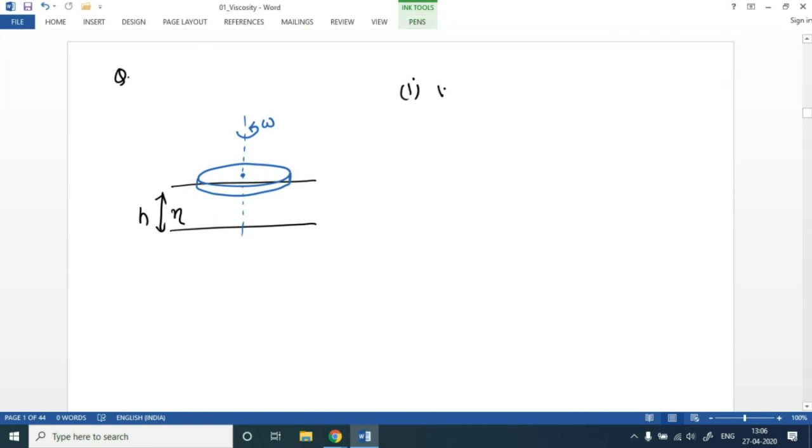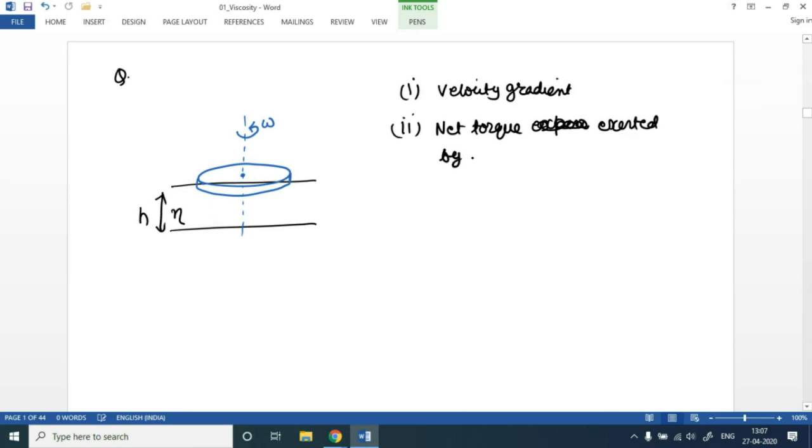First of all, let's list the quantities we want to find out. The first thing we want to find is the velocity gradient. The second thing we want to find is the net torque experienced, or net torque exerted by the liquid on the disk.